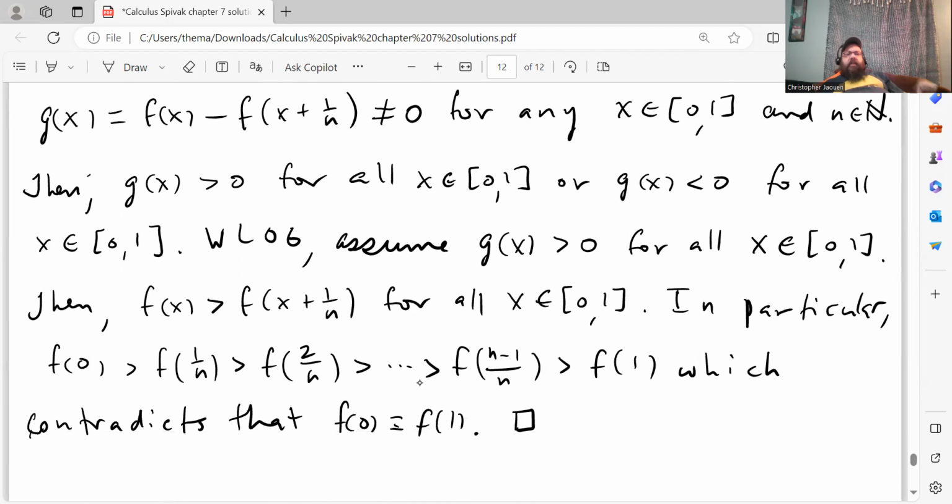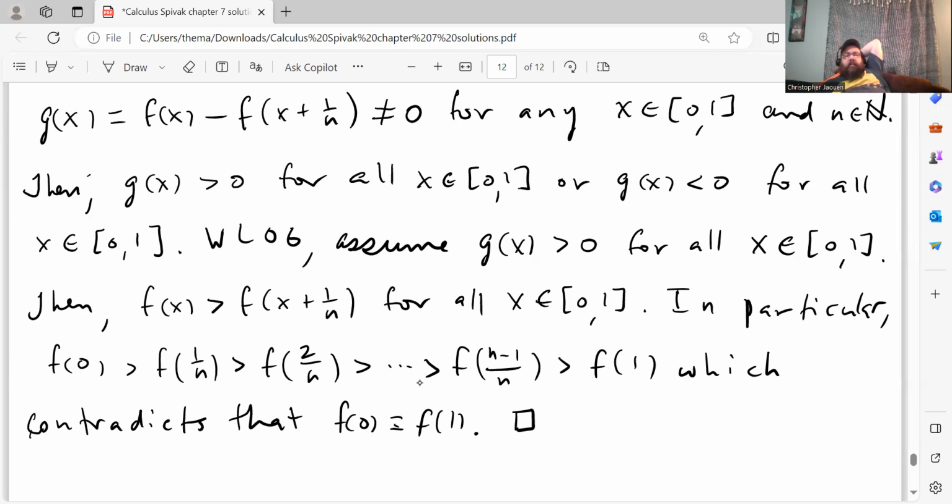Without loss of generality, we can assume that g(x) is positive. If not, we can just take the negative of g, and the same proof goes through. For all x in the closed interval [0, 1], that would mean f(x) is greater than f(x + 1/n) for all x in the closed interval [0, 1].